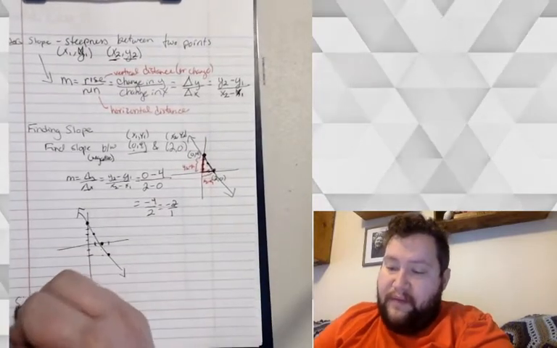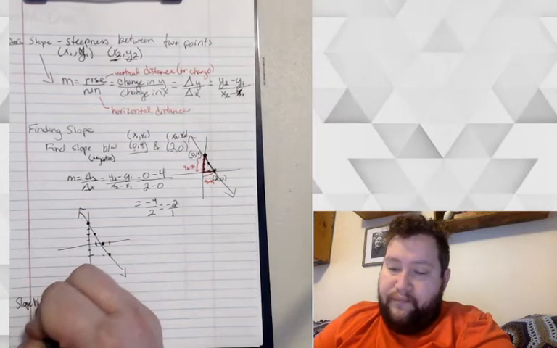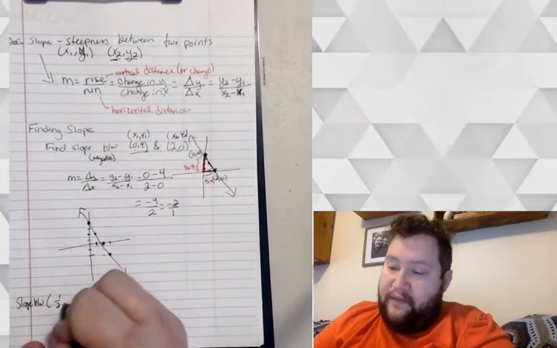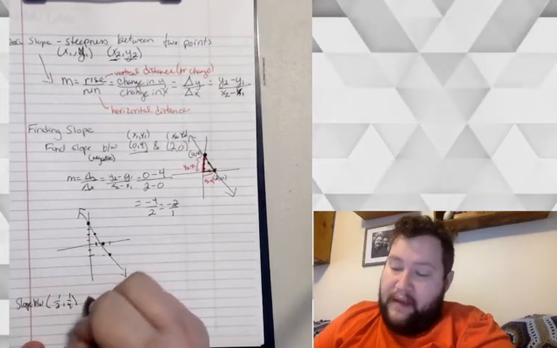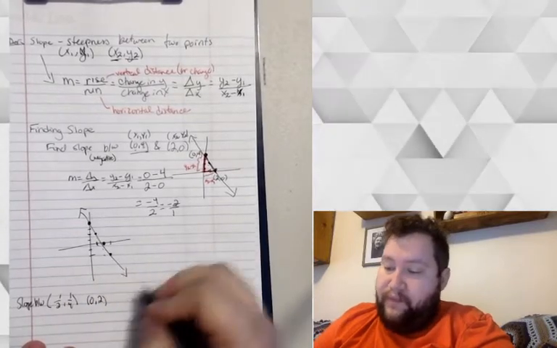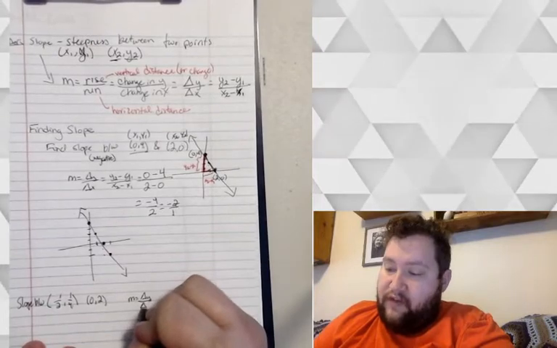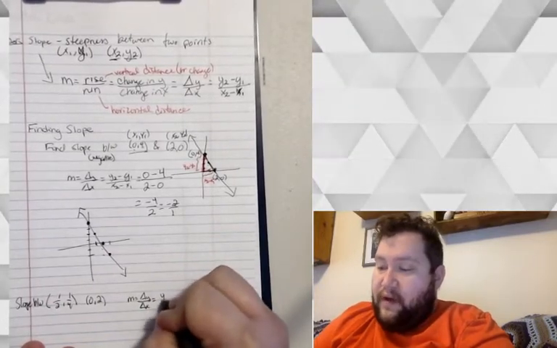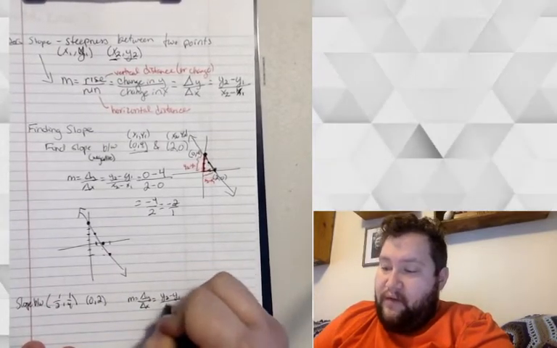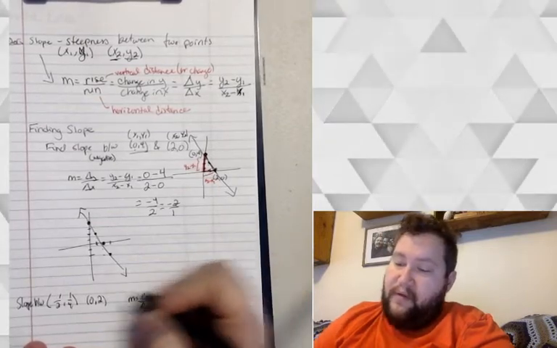So we have slope between a half, a quarter, and 0, 2. Well, m is change in y over change in x. y2 minus y1 over x2 minus x1.